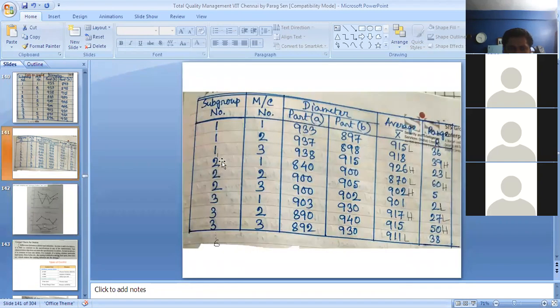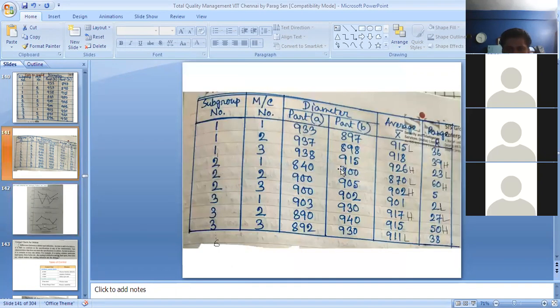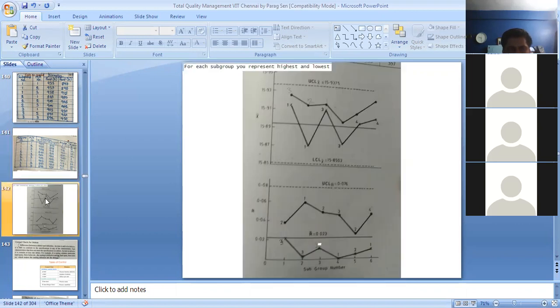Now notice for the second subgroup, that means the second shift, the highest value is 902 and the lowest value is 870. So they have plotted the highest value, which is given by 902. I have written 2 here and 3 here.